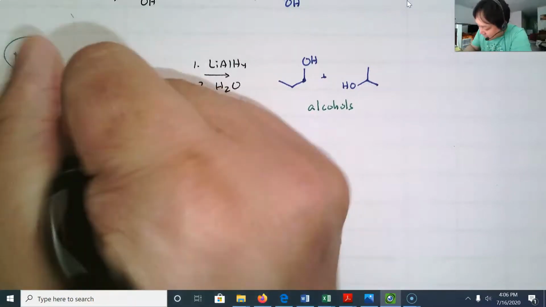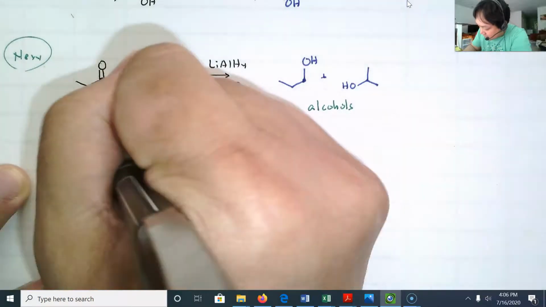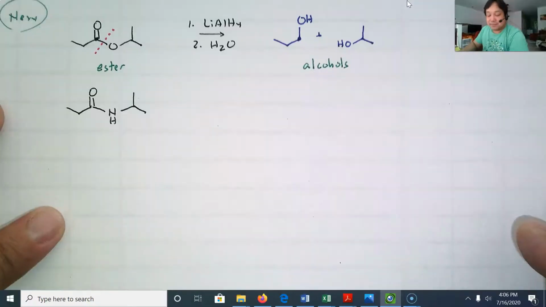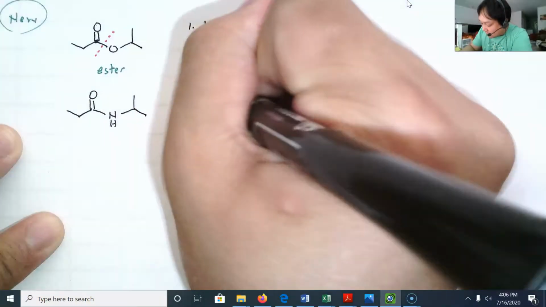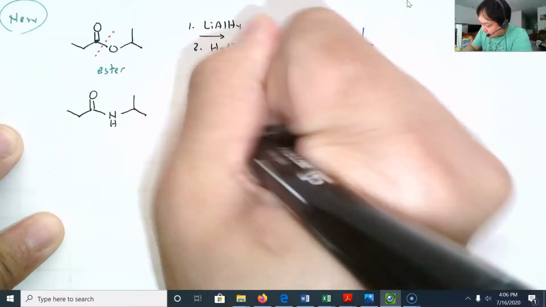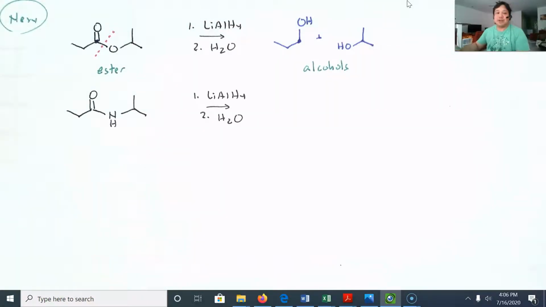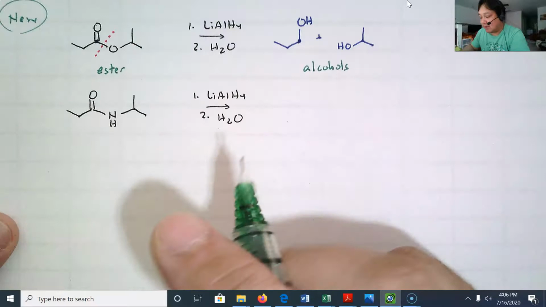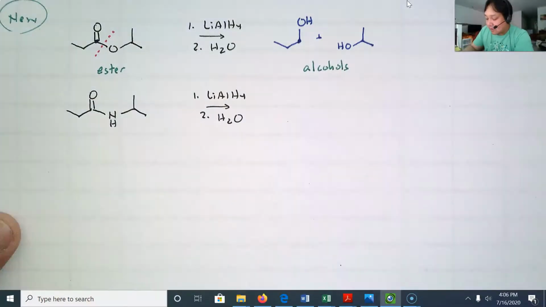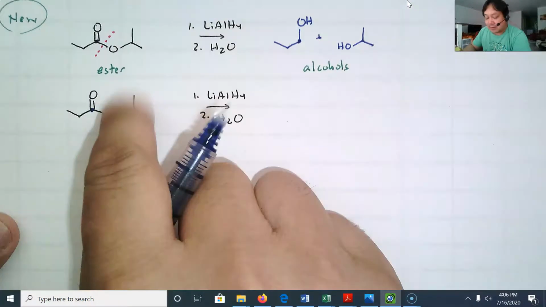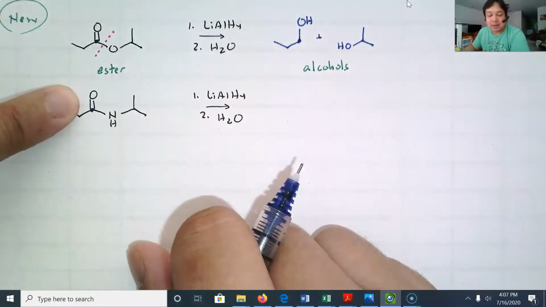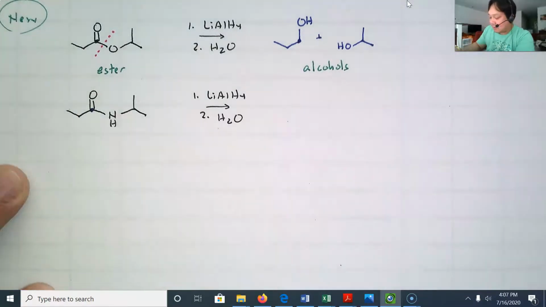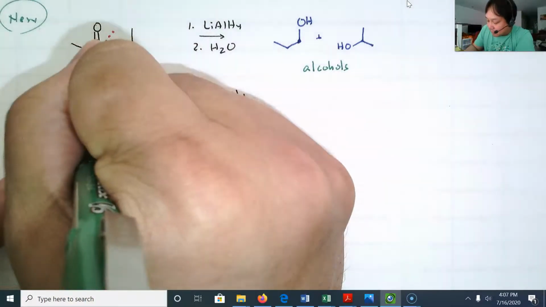Next one is amide. And the amide I want to look at is this one. We'll make it isopropyl again. LiAlH4, H2O. This one's tricky as well. From what we've seen before, we're likely to predict the wrong product. We're not going to cleave like we did for an ester. We're not going to make this an OH like we did for the aldehydes and ketones. Instead, let me describe this in words, and you will draw me the product.